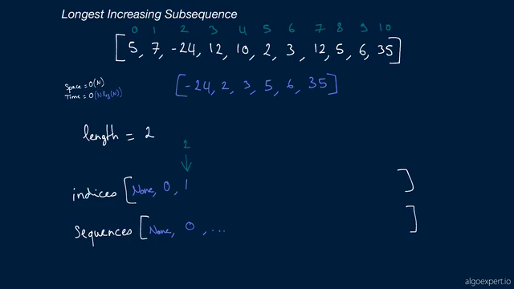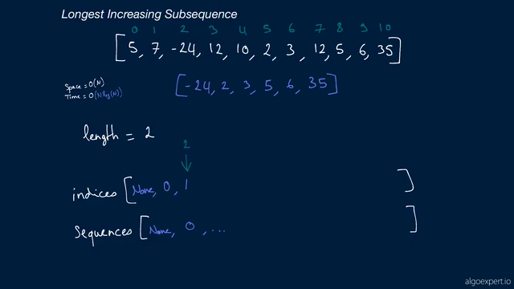So let's look at both of these numbers here. We've got index 0 and index 1 stored in this indices array. Index 0 represents 5. Index 1 represents 7. I'm not going to apply binary search yet.